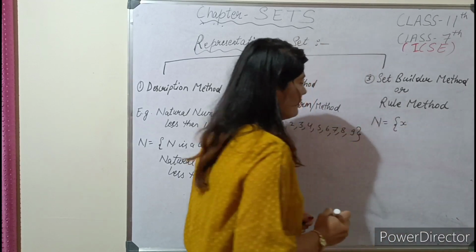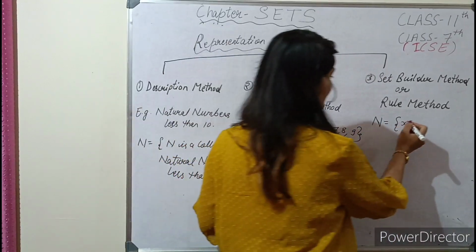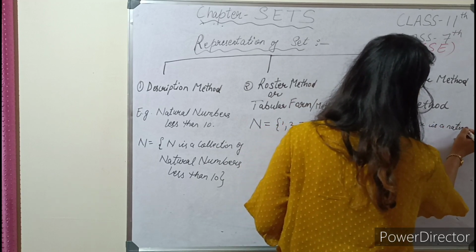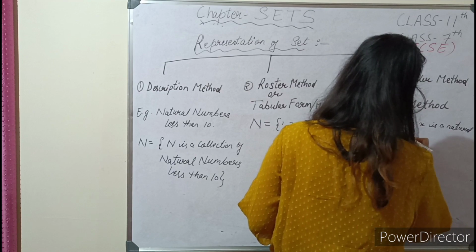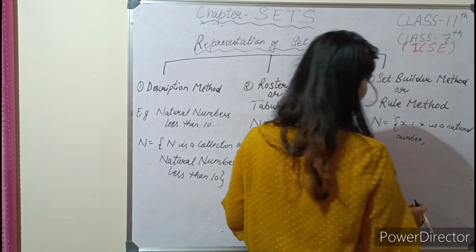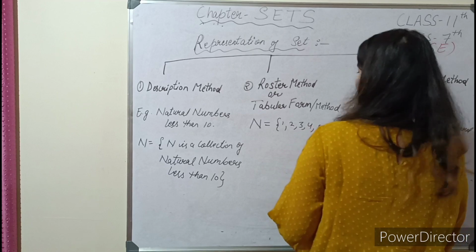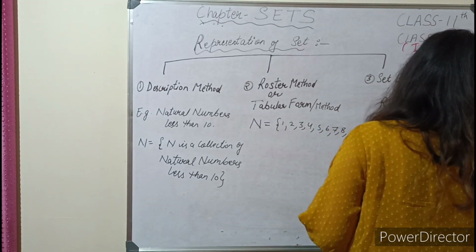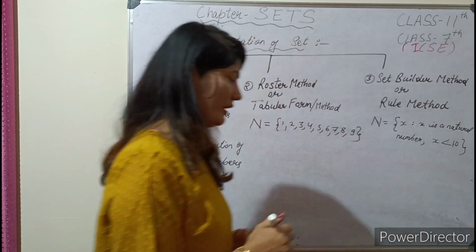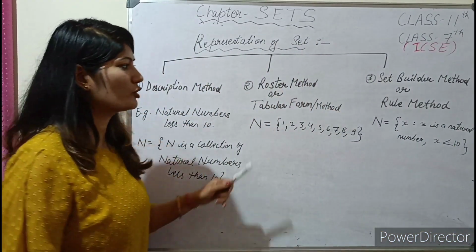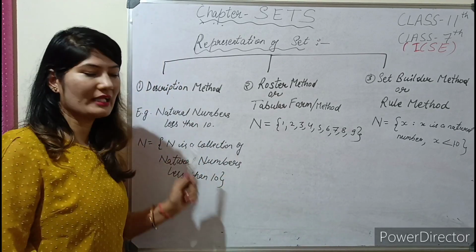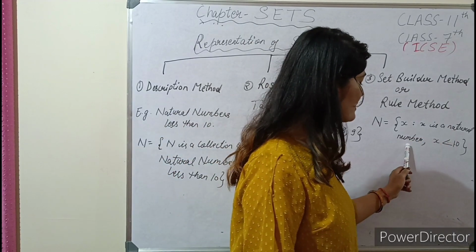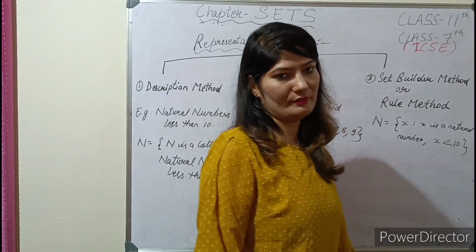So take the variable as x such that x is a natural number and where the value of x is less than 10, and close the bracket. So this is the way to represent natural numbers less than 10 in the set builder method. You can see here x is a natural number and x is less than 10.